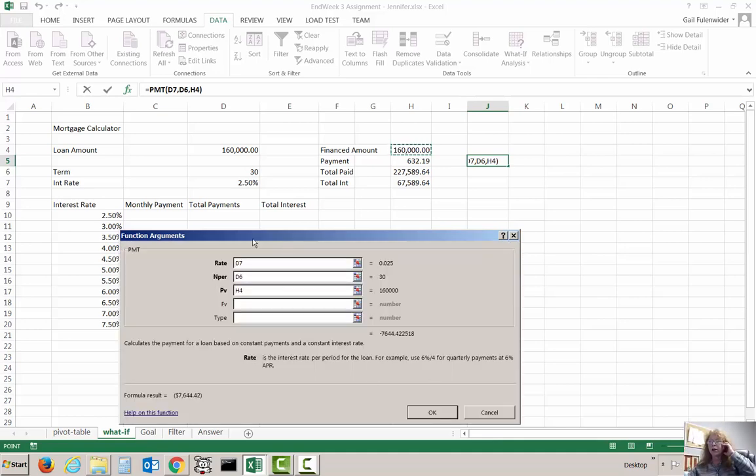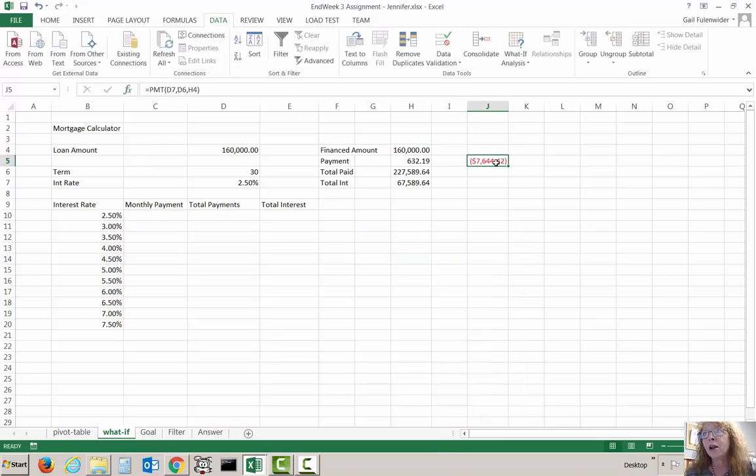Now I can go ahead and enter these in, but we're going to find our payment's a little high, and it is a negative. And why might that be? It's because we're working with months. So we have to divide our rate by 12.